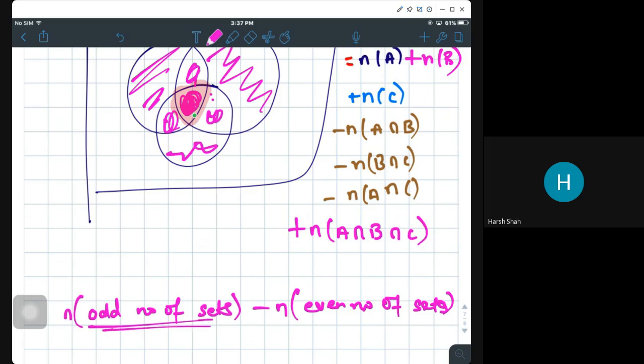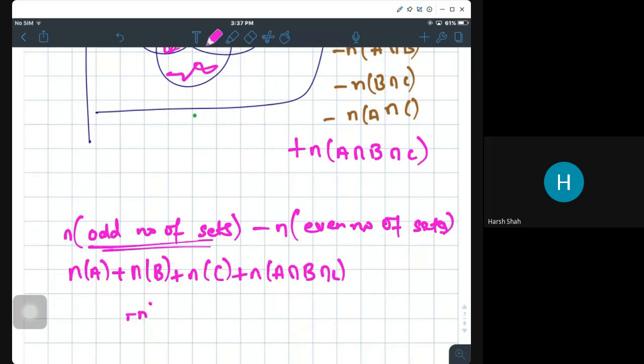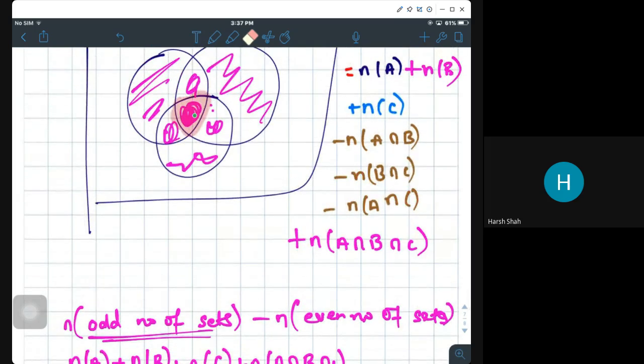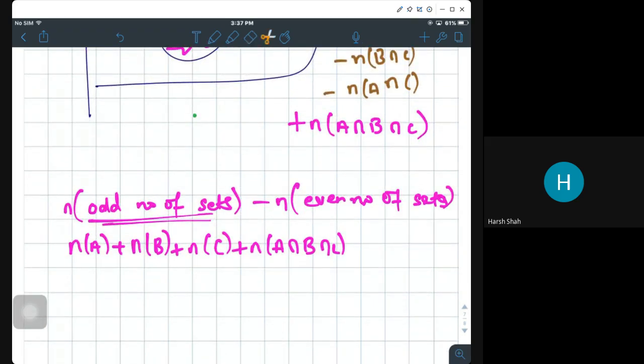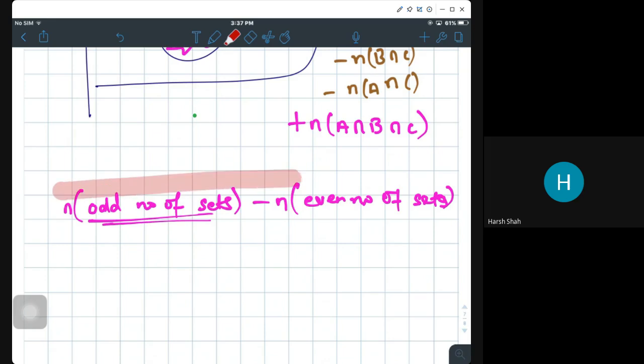So this is n of A, n of B, n of C, n of A intersection B intersection C. If I have a fifth set, I'll do n of A intersection B intersection C intersection D intersection E. And by even number of sets I mean these terms. Okay, this is the generalized formula: odd number of sets minus even number of sets. I hope this is clear.